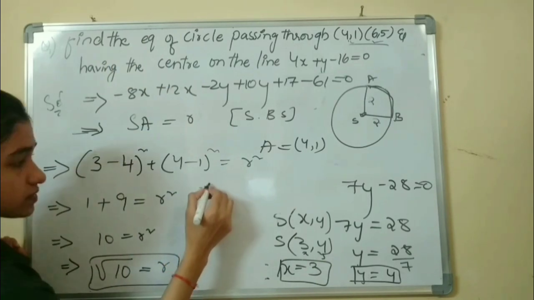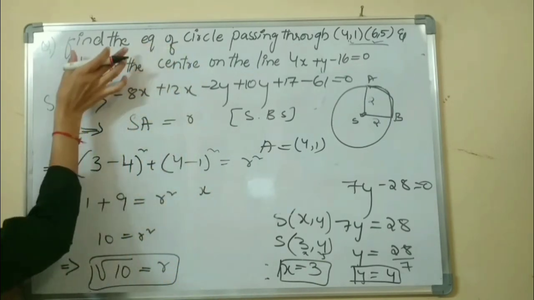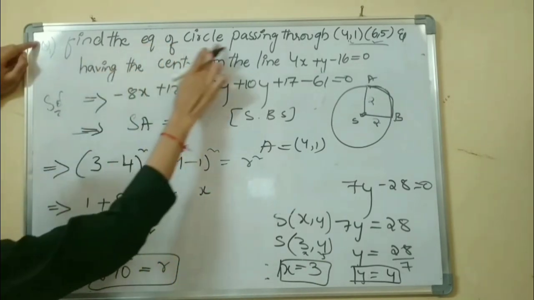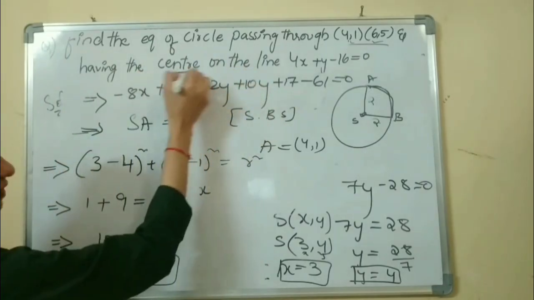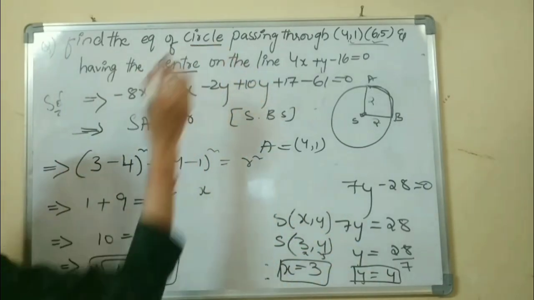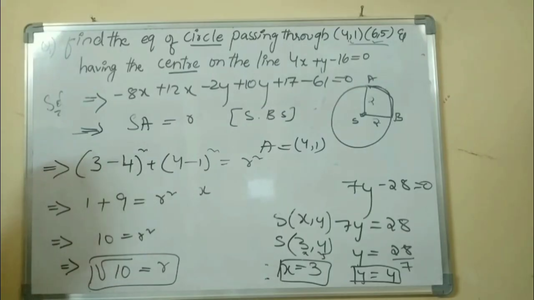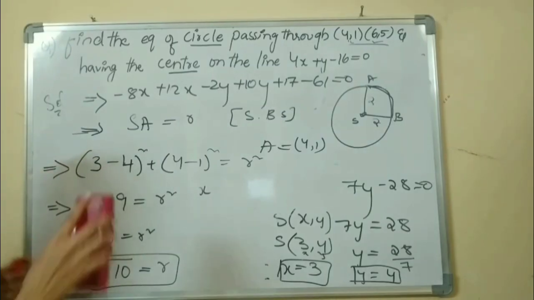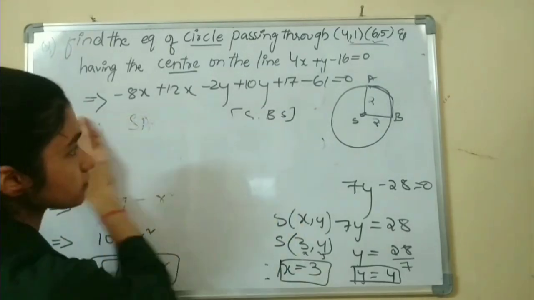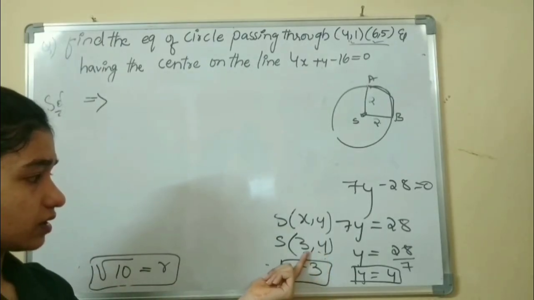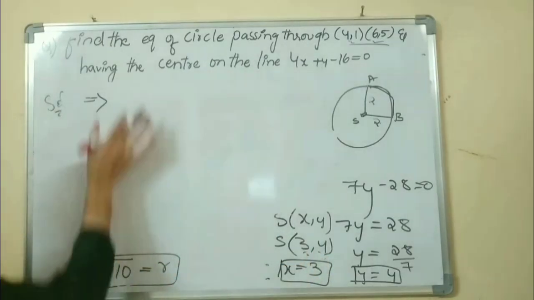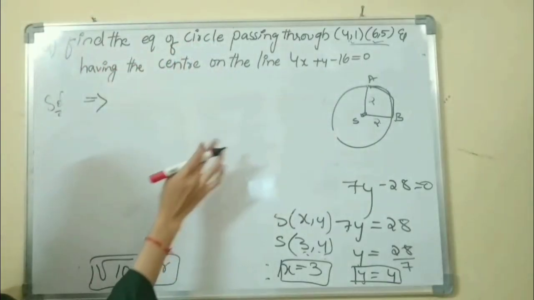In the question, we have to find the equation of the circle. We already solved for the center, and now we have to find the equation of the circle, and we all know the equation of a circle with radius r.